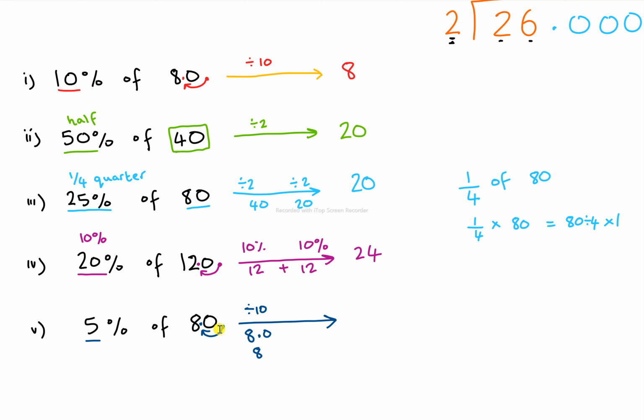These two numbers are the same. Now, I've worked out 10%, so I'm going to halve it, divide it by 2. So 8 divided by 2 is 4. So 5% of 80 is 4. So do you understand what's going on there? What you need to do is start speeding up now. Start moving things around in your head. Some people complain, do not move the decimal point. But if it works in your head and it quickens it up, go for it.